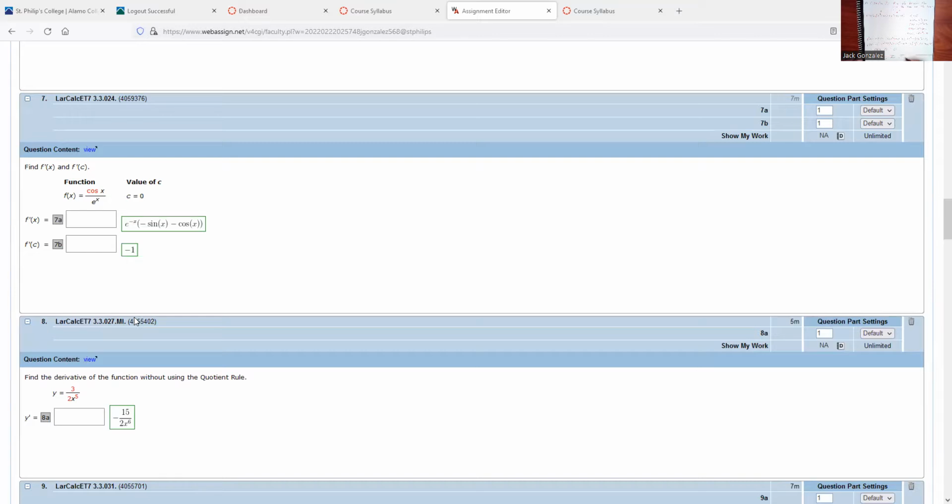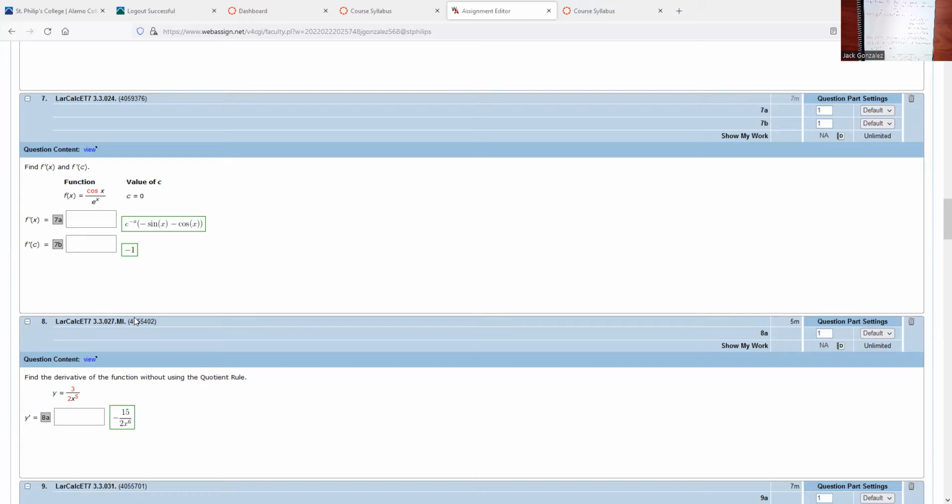So find f prime and f prime at c. C is 0. f is cosine x over e to the x. Now, again, I'm going to rename these guys because we're used to f and g.